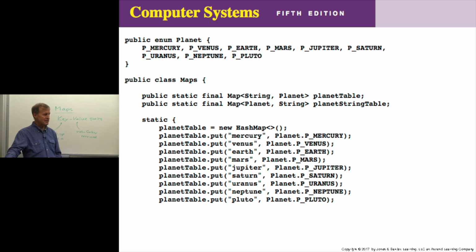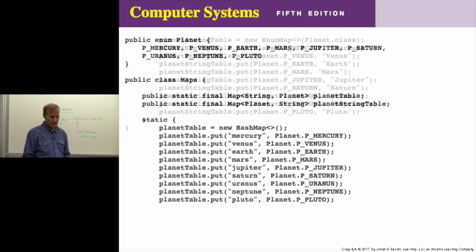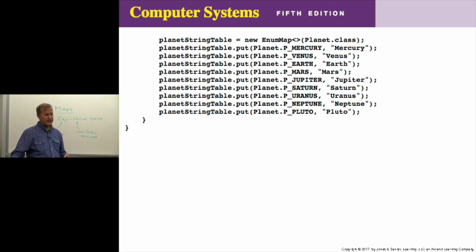Does everybody see that? So whenever you set your maps up, you'll have to choose uppercase or lowercase, and be consistent, however you want to do it. You do all uppercase or all lowercase or whatever. Okay? And now here for the planet string table, notice this is not a new, what did we have for planet table? We said new hash map. But here for the planet string table, what do we have?